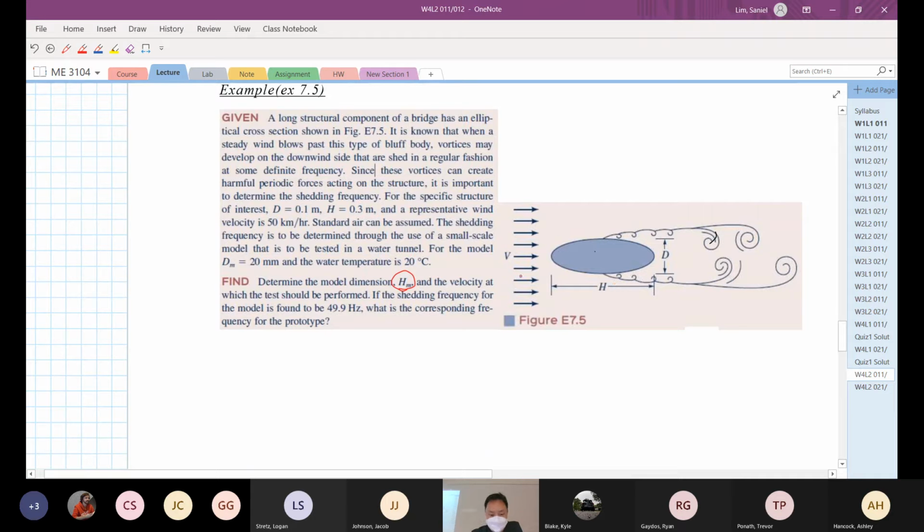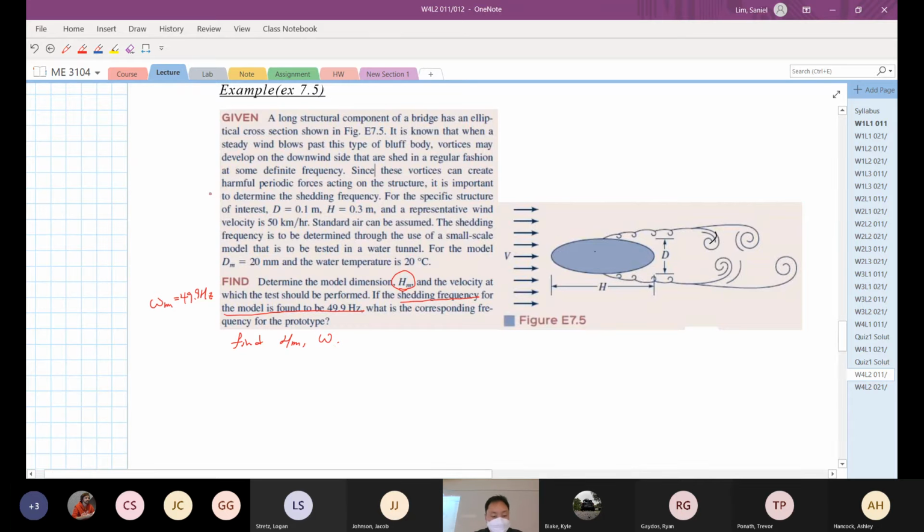I think width makes more sense, but HM and the shedding frequency is given for the model, which is WM. Then we are trying to find omega here. Omega is the corresponding frequency for the prototype. Sometimes we call it omega P. You can just skip the P here.